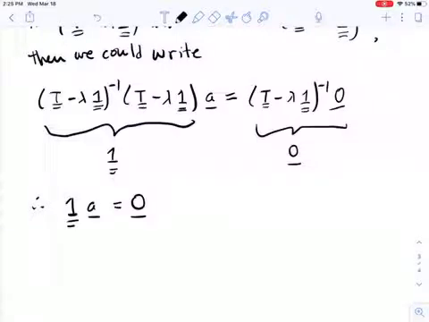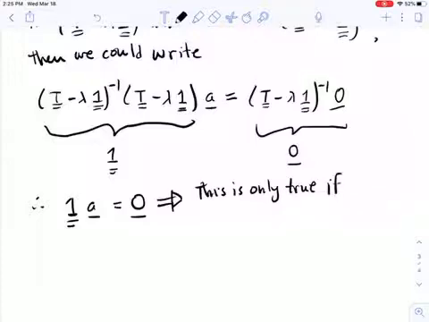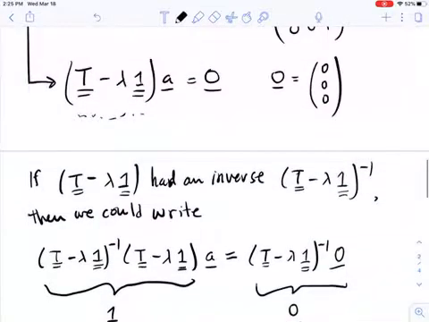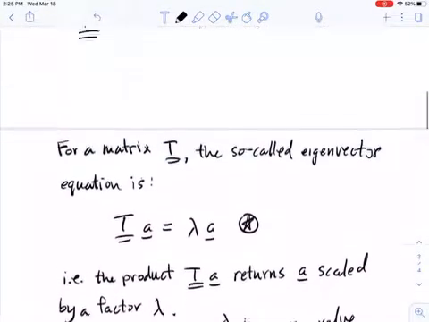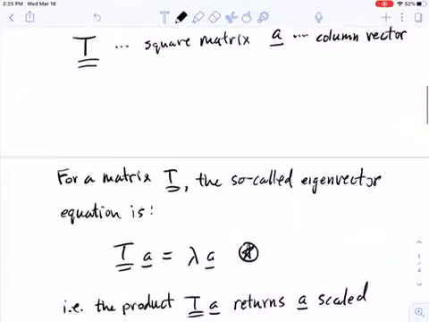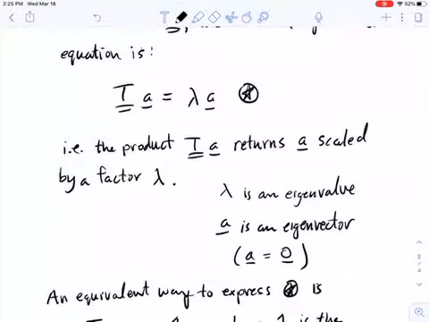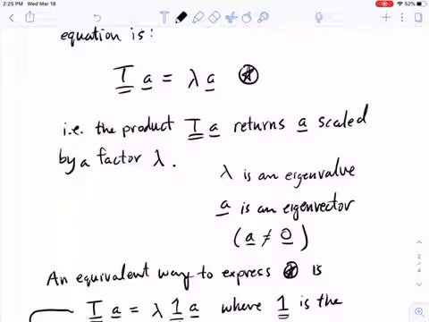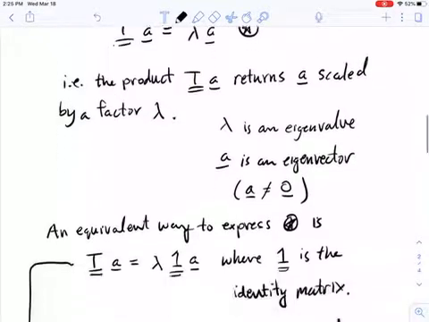Well, the identity's not 0, so that means the only way this is possible is if our eigenvector A is equal to 0. So this is only true if A is equal to 0. But if you go back, we assumed that A was not equal to 0. Oh, sorry, I should fix this. A is not equal to 0.